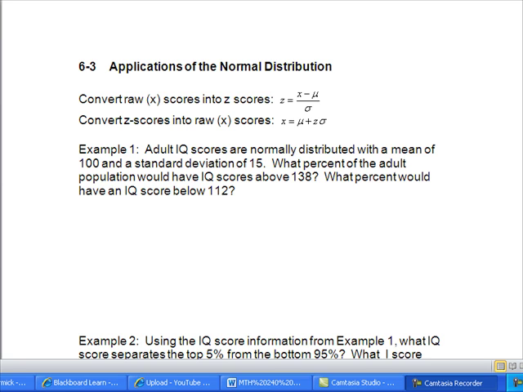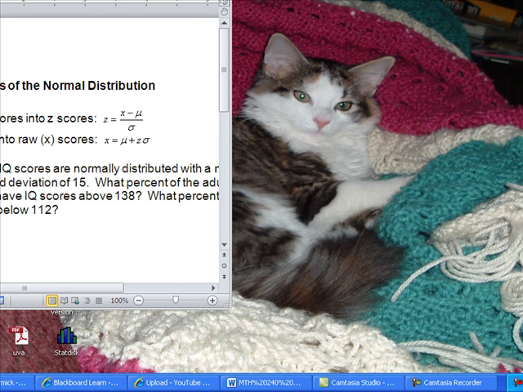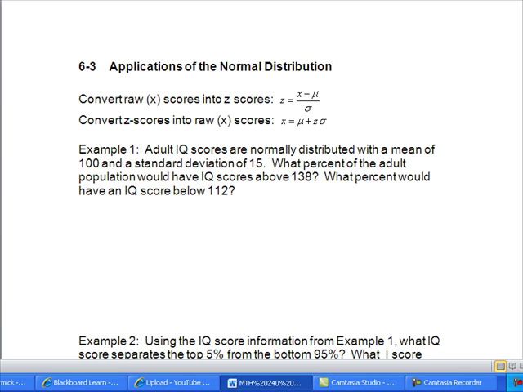And when we're doing that, I've rearranged the z-score formula. Basically, I multiplied both sides by sigma, and so the sigma cancels out on the right and I get x minus mu.